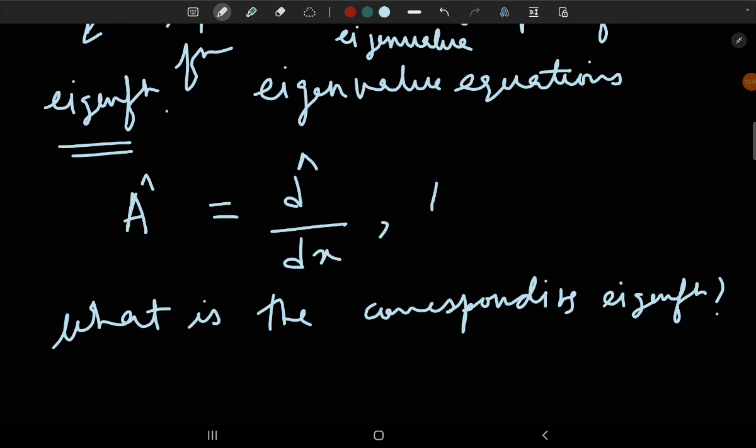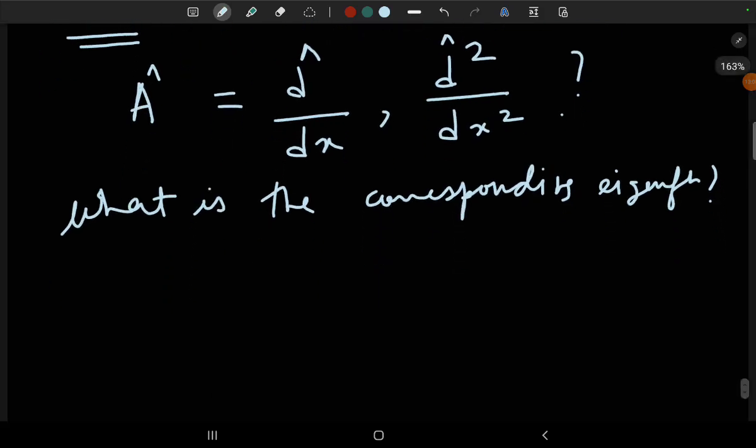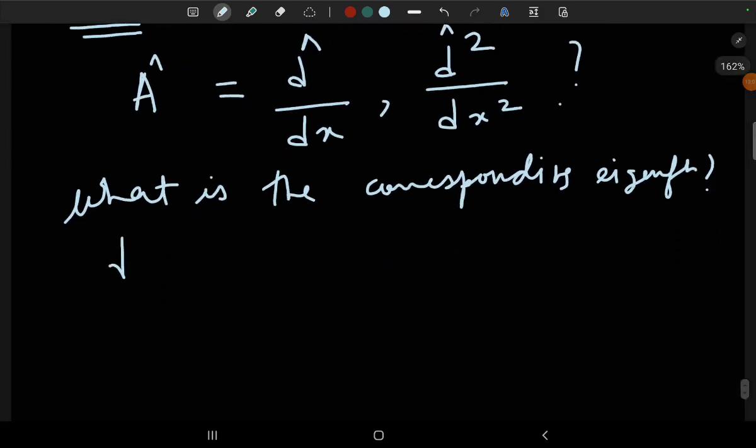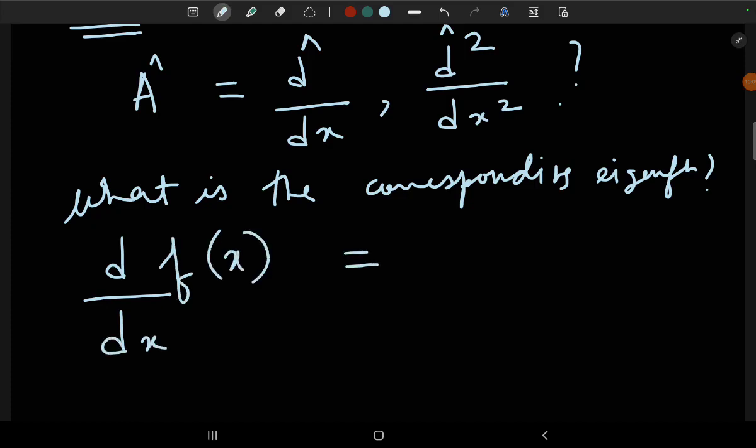If the operator is the double derivative operator, again what is the eigenfunction? For the d dx operator, what we are basically asking is that this d dx operator will act on some function f of x to give some constant a, which is the eigenvalue, multiplied by f of x. This is our idea.